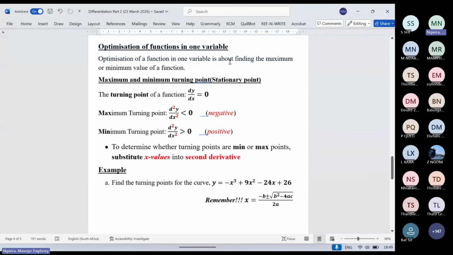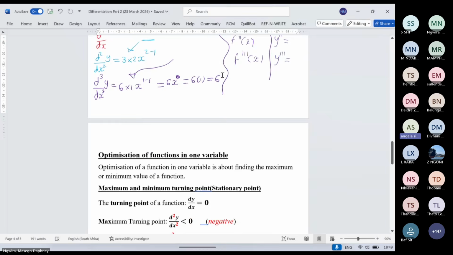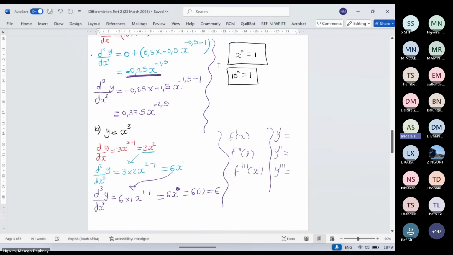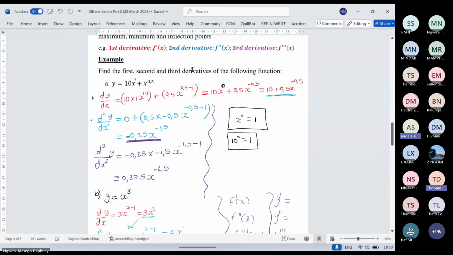Yes, I wanted to ask before you continue with the steps. In that question of deriving the second one, can you please go back? You see the second step of deriving, right? You said we take the answer, that 10, and we derive it the second time. So the question is, ma'am, I thought maybe you were going to start with that minus 0,5 and times it with 0,5, because of the way you derive the x part from the beginning of the derivation.